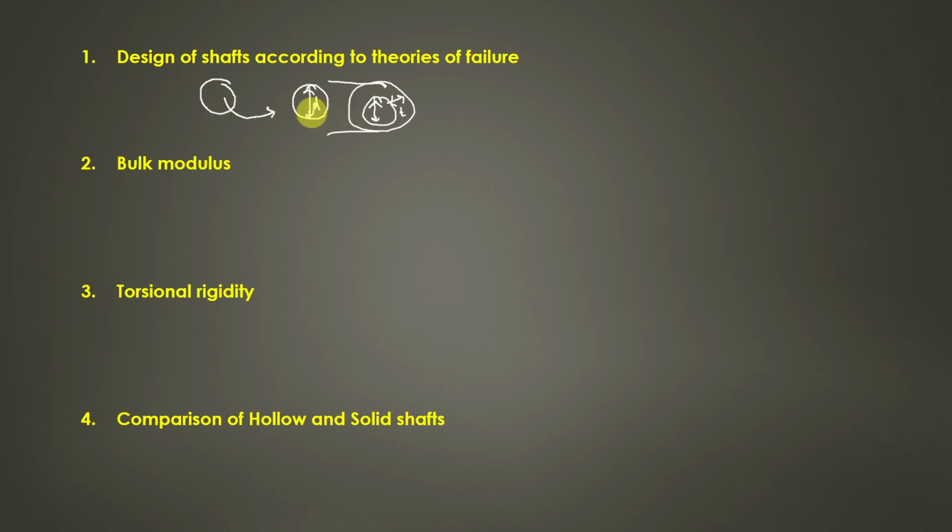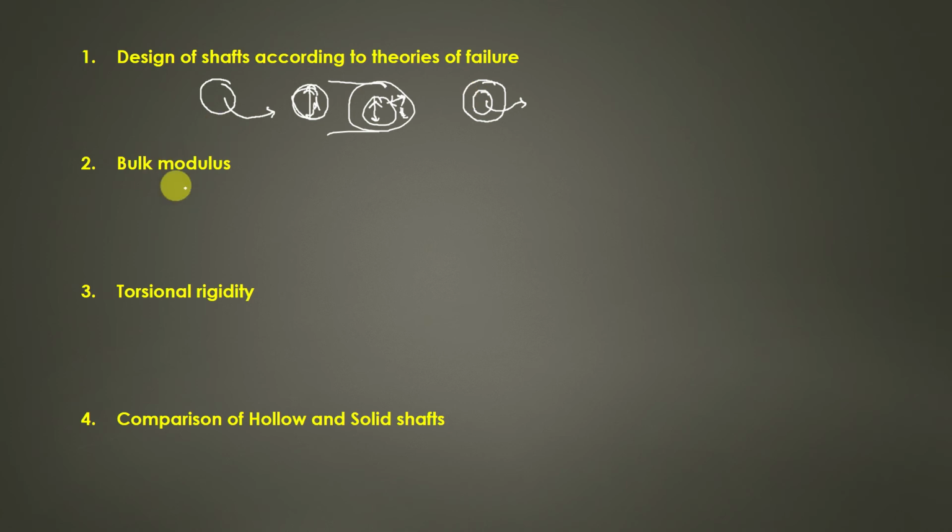Design is nothing but finding the dimensions, mainly diameters and thicknesses. According to theories of failure, they will give the maximum shear stress or maximum strain energy. Accordingly, you have to find out how much thickness should be there in order to carry that much stress.